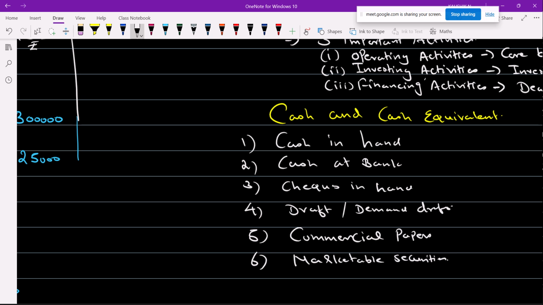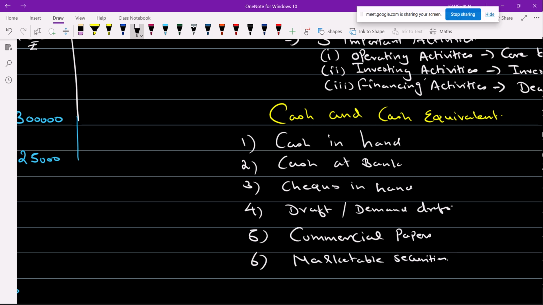Cash equivalents are not literally cash, but they are equivalent to cash. For example, if I issue a cheque to you from my cheque leaf, the cheque does not consist of money unless it has been honored.